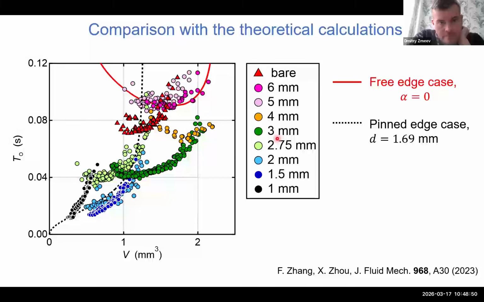The separation of the peaks is determined by the oscillation period, because the peak is determined by the number of oscillations. So the peak separation corresponds to the oscillation period of these droplets. Okay, I see.